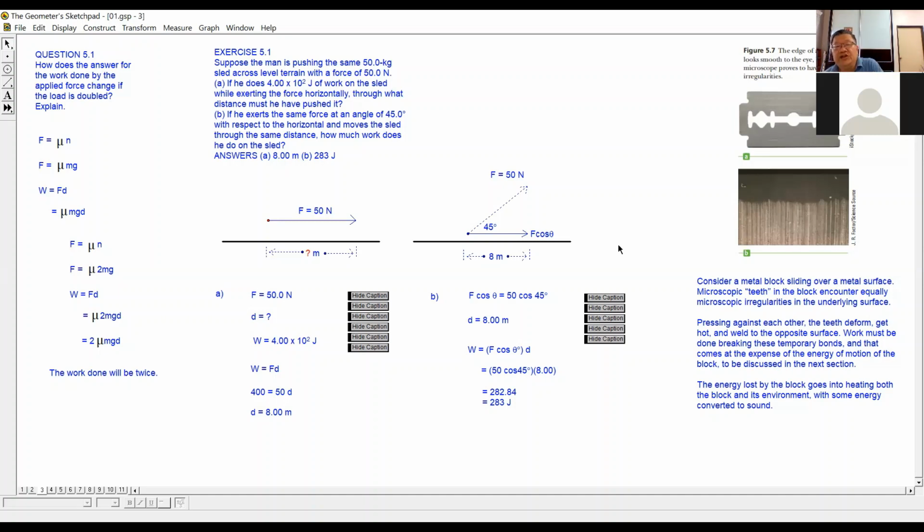Where does the heat energy come from? The heat energy comes from the work done. I have to pull the thing, I have to use up the work. This work is converted into heat energy. That's what they are trying to say. The work done against frictional force is actually converted into heat energy.